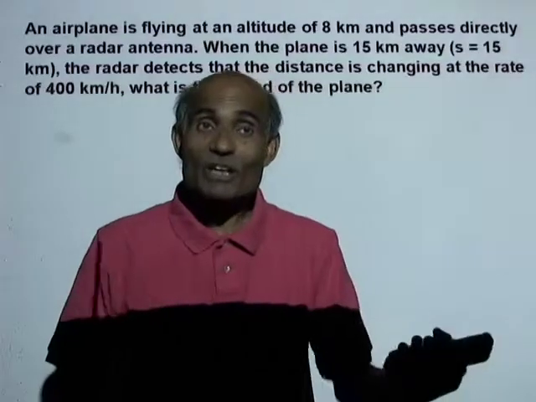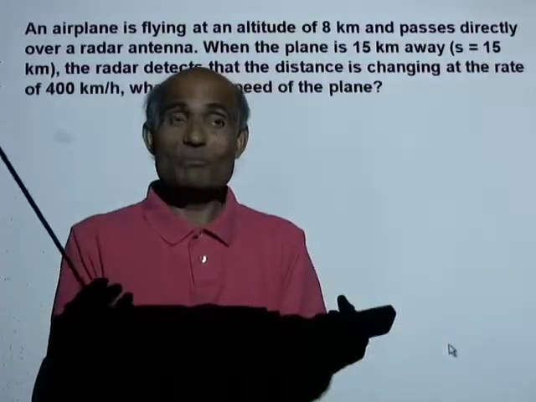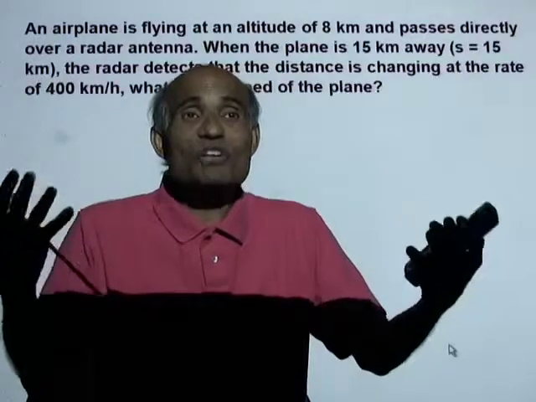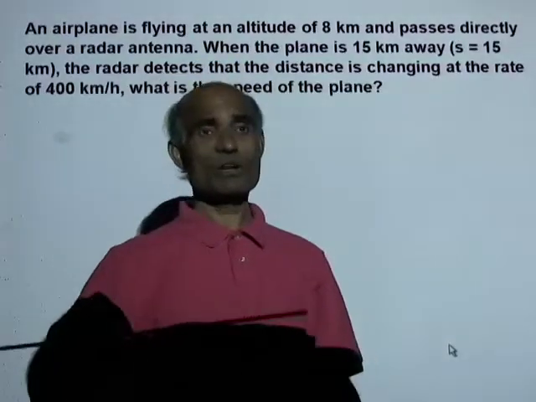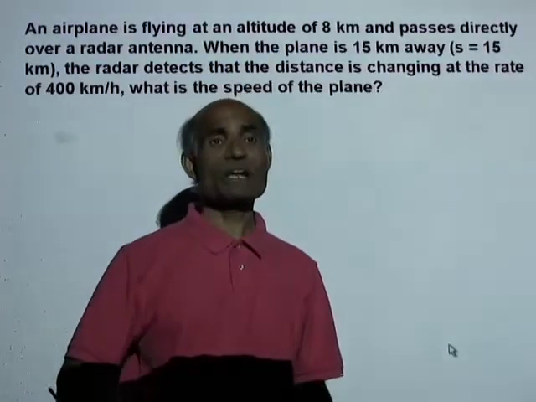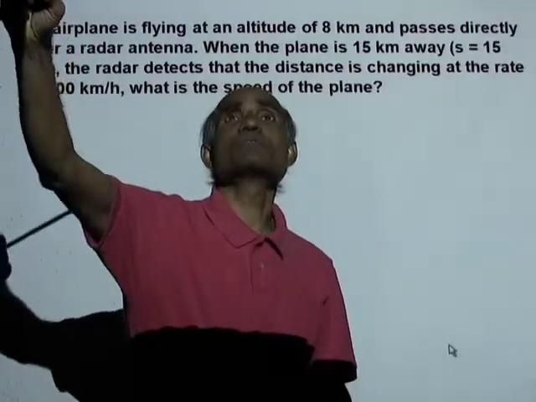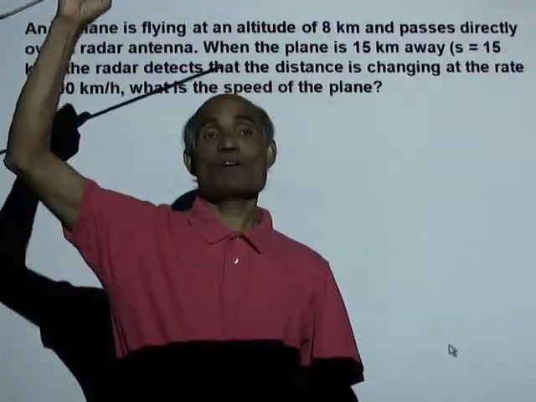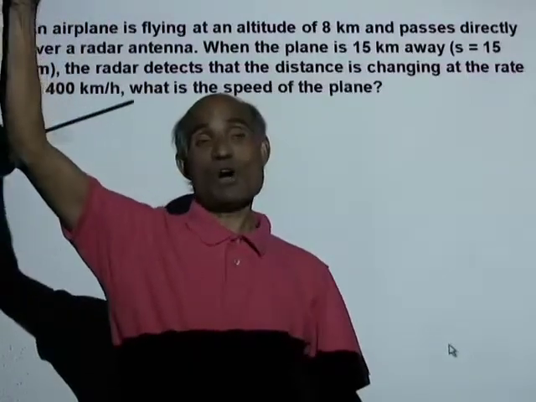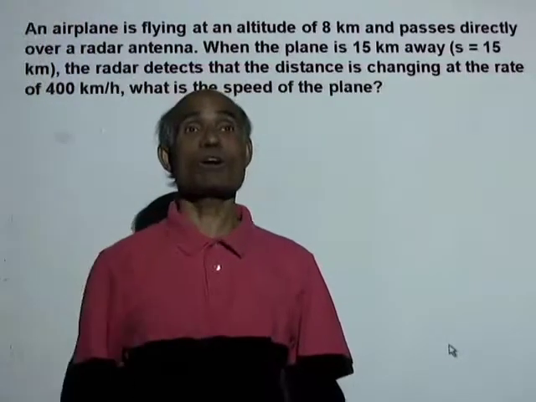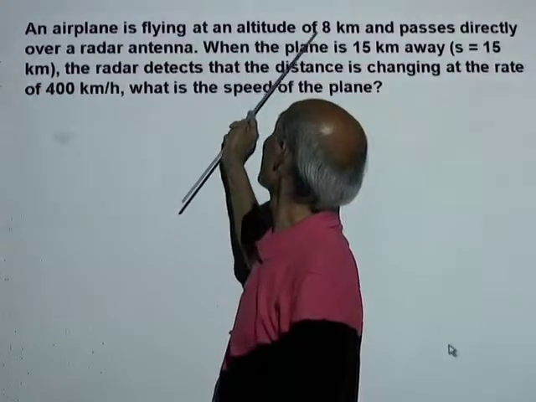Well, as I said earlier, in order to do a problem, the first thing to do is to picture the problem. First of all, you need to picture the radar station, and the plane is flying towards the station, at an altitude of 8 kilometers.